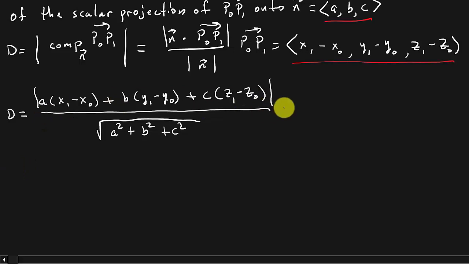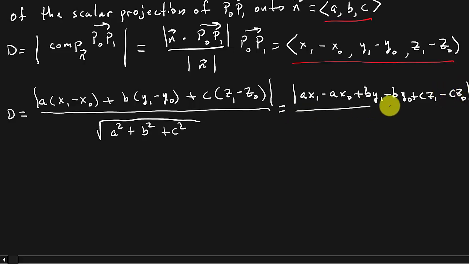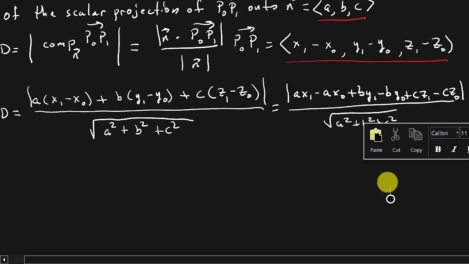It's going to be the absolute value of Ax1 minus Ax0 plus By1 minus By0 plus Cz1 minus Cz0, all over the square root of A squared plus B squared plus C squared.